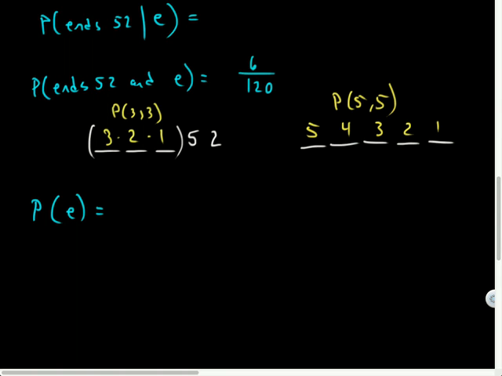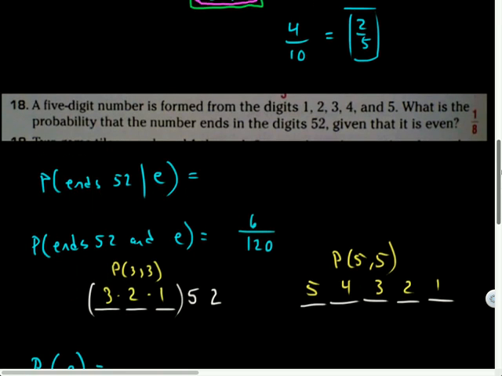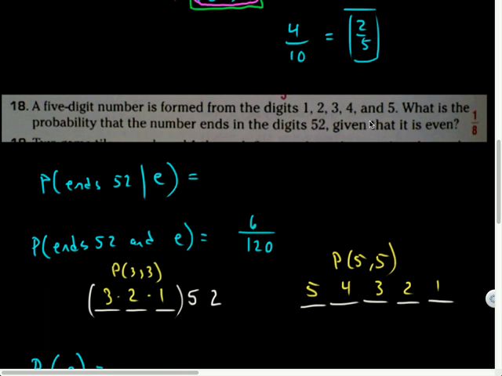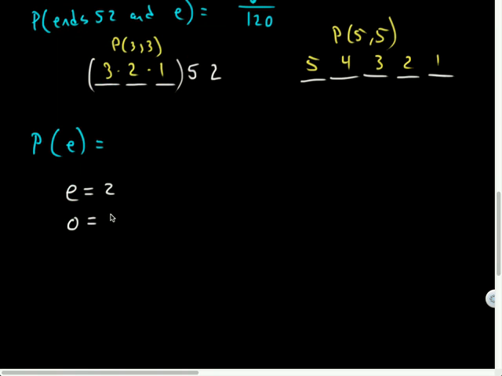Now let's figure out the probability of even. So if it's even, well, let's see. Let's ask this: how many even numbers are there, and how many odd numbers are there? Or even digits? Let me ask. There are 2 evens and 3 odd, right? Okay. So I know that the whole number is even if what?